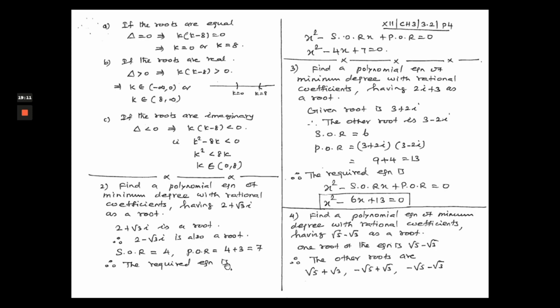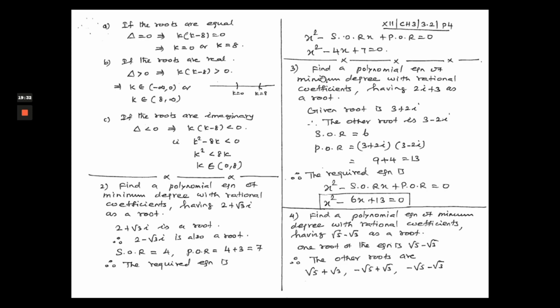So the required equation is x squared minus (sum of the roots) x plus product of the roots is equal to 0. Sum of the roots is 4, product of the roots is 7. So x squared minus 4x plus 7 is equal to 0.